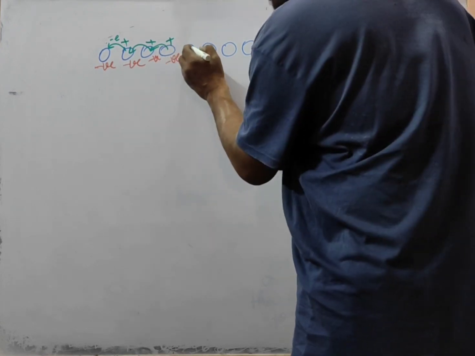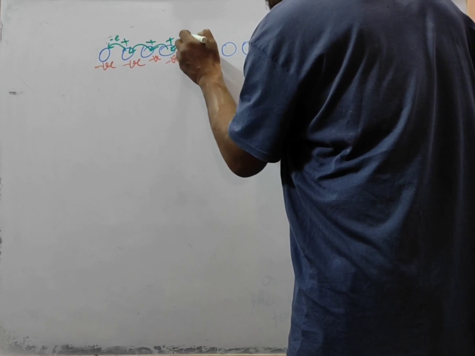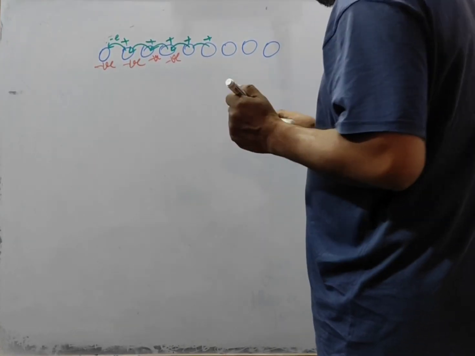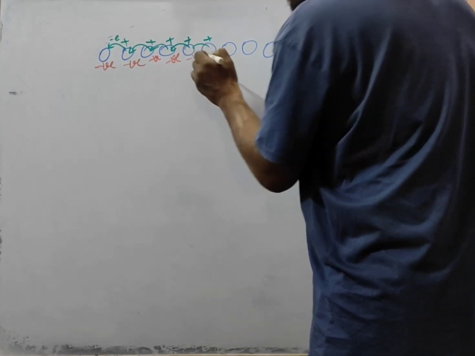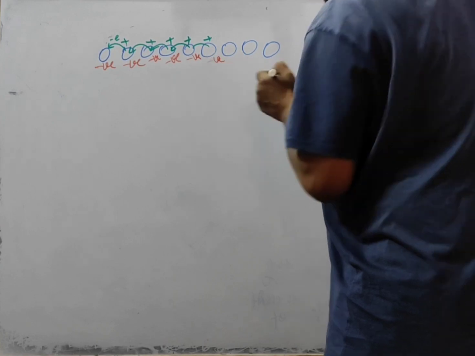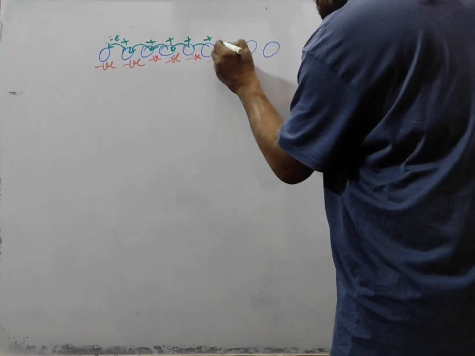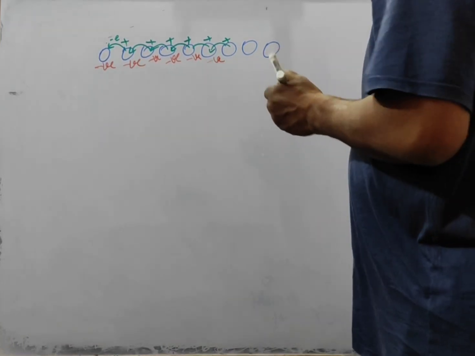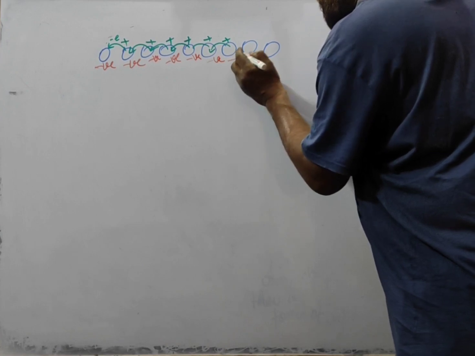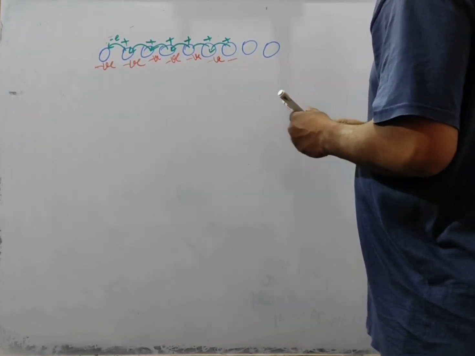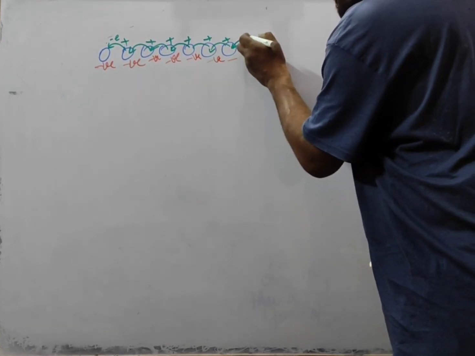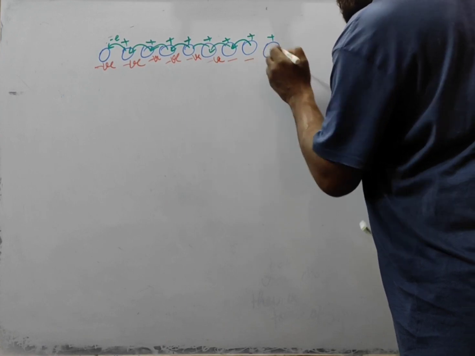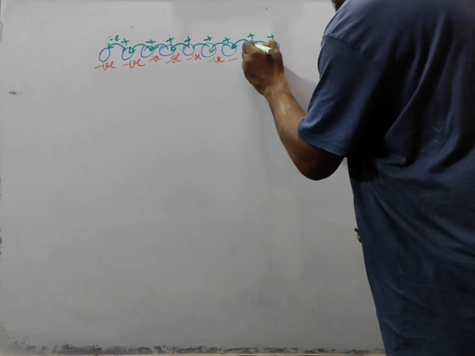When it loses an electron it gets positive charge, and when it takes an electron it gets negative charge, right? So what do you see here?